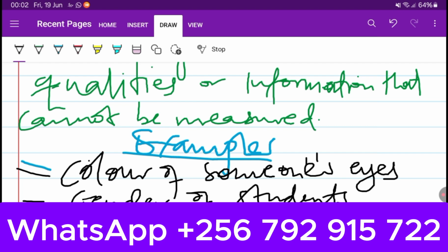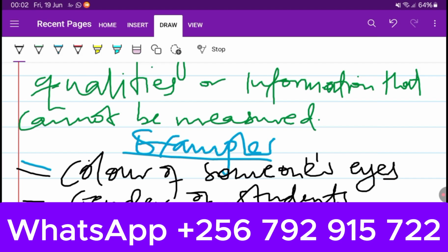What this entails is that qualitative data most of the time deals with description. It can tell you about data that cannot be measured, such as color, textures, smell, taste, appearance or beauty.